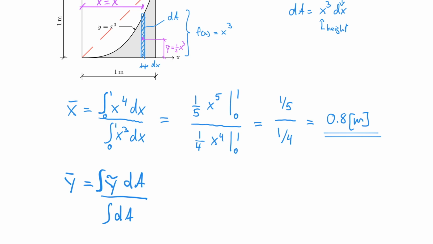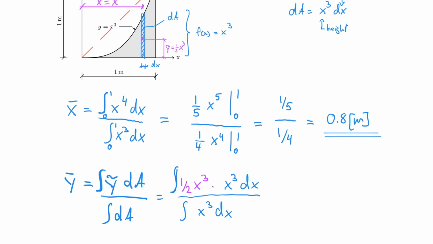So I have 1/2 x to the 3 times dA, which, remember, was nothing else than x to the 3 dx. And my area does not change, right? That's also important to understand, that the area, of course, cannot change, so it still remains x to the 3 dx.